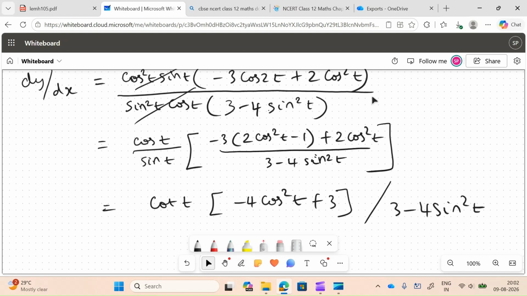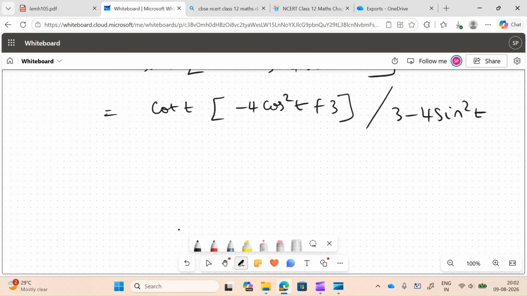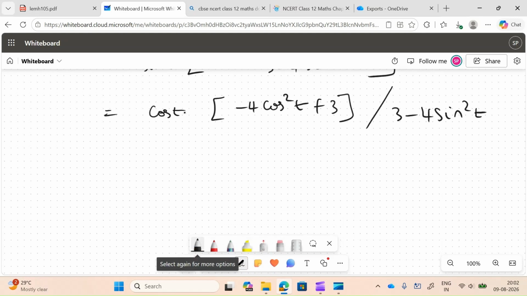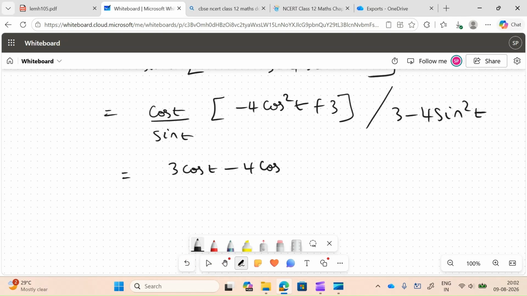See, now comes the thing. If you don't keep cot t here, just try keeping cos t by sin t. Now multiply inside this. So what will we get? 3 cos t minus 4 cos cube t divided by 3 sin t minus 4 sin cube t.